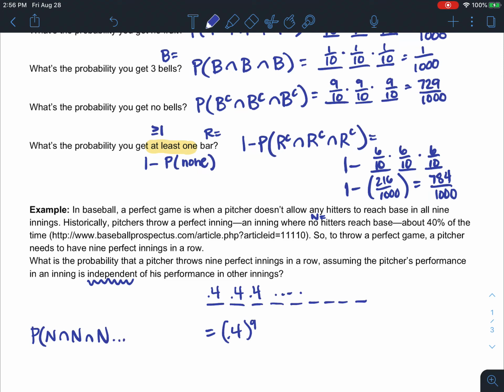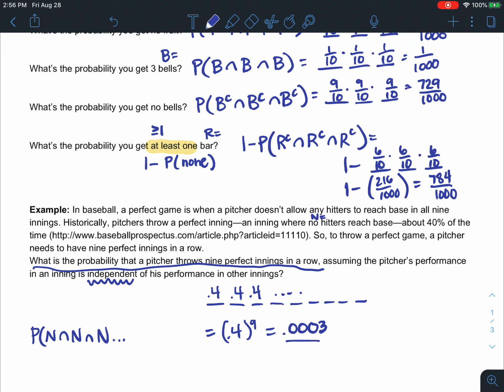So this might be one where you just write it in a complete sentence, saying the probability that a pitcher throws 9 perfect innings in a row is 0.4 to the 9th, which equals, I can't say that off the top of my head, 0.123, yeah, there we go.